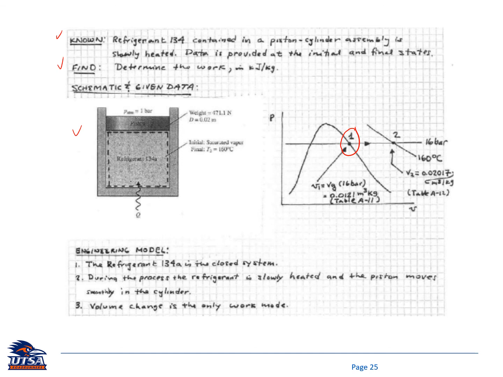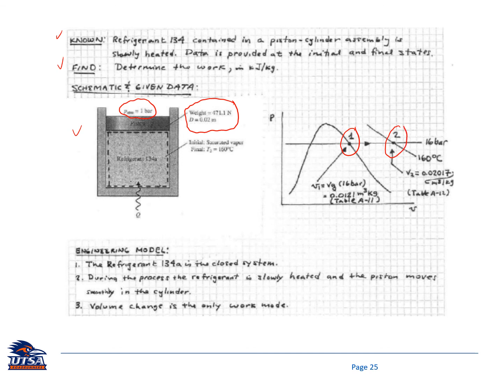Atmospheric pressure is given here, the weight of the piston is given here, and the cross-sectional area is also given there. It is heated at constant pressure, so you have a process line which is a horizontal line from state 1 to state 2, so it's here.